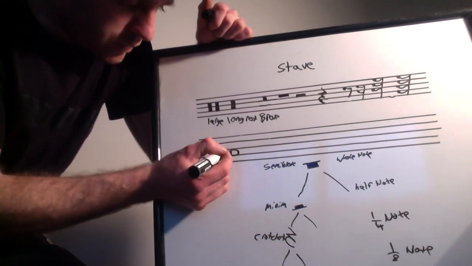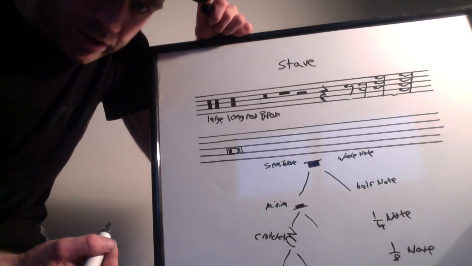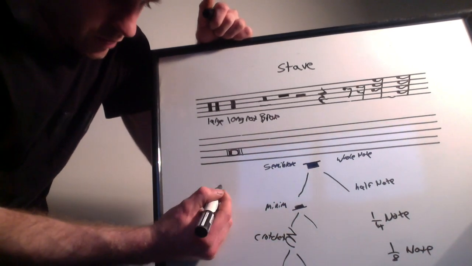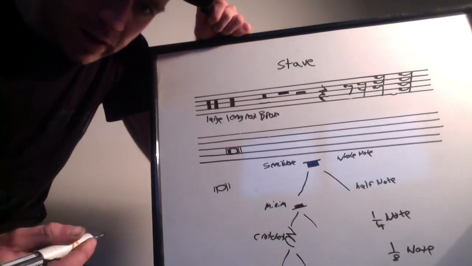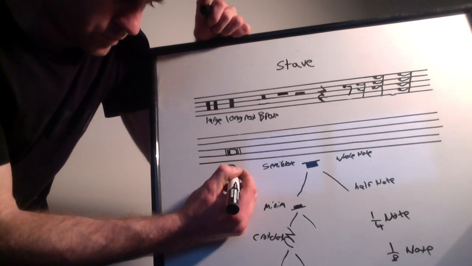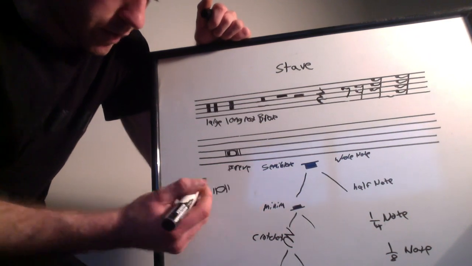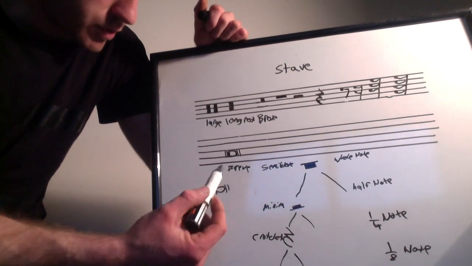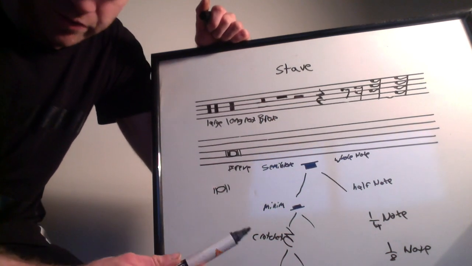Okay, and if we see a couple of bars on each end of that note, it looks like that. That is a breve. Okay, which again is just worth twice as much as a semi-breve.